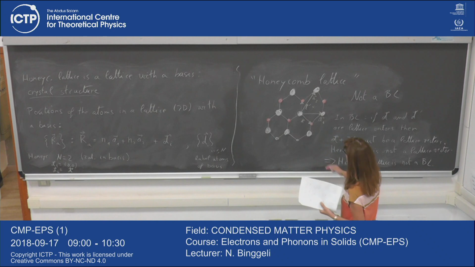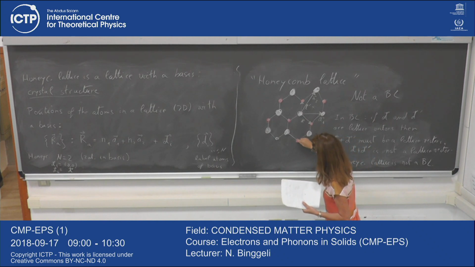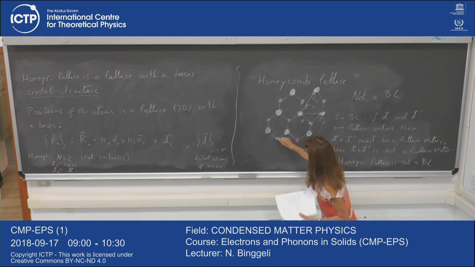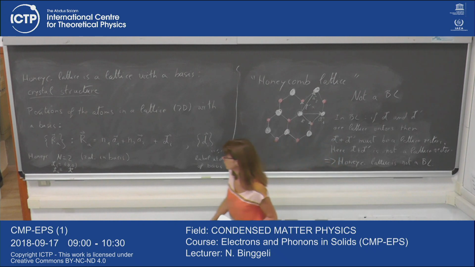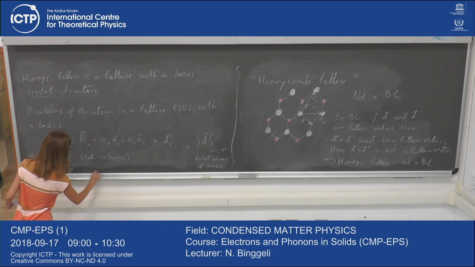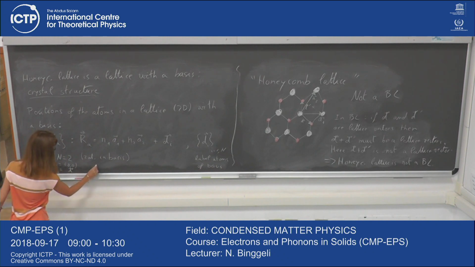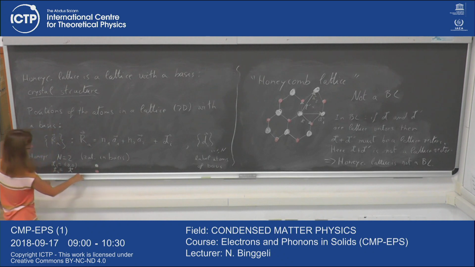And starting from there, if I subtract A2, I would obtain this point, and if I subtract A1, this point. So with this second vector I would obtain all the points in red, and the first vector was giving me all the points in white.